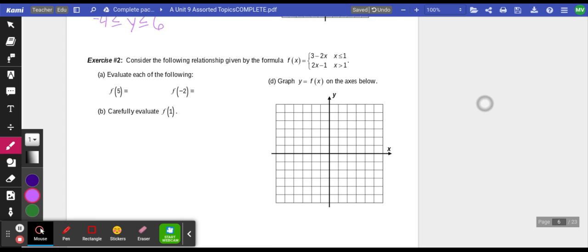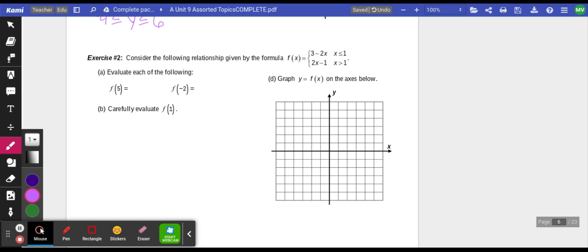So now for example 2, again, I'm going to make a table. This is x less than or equal to 1, so it starts at 1 and keeps going forever smaller. It's important that I go less than or equal to 1.